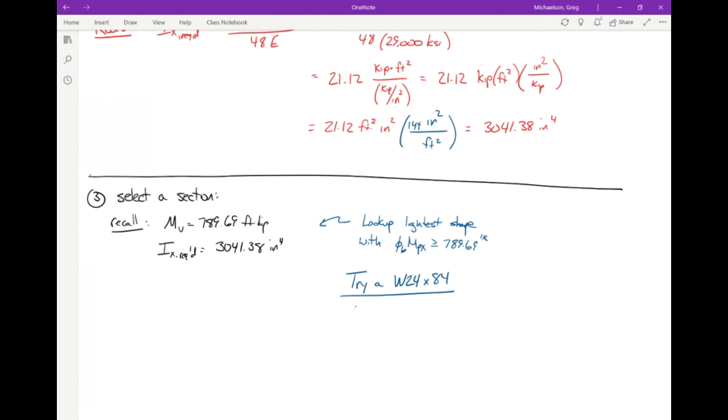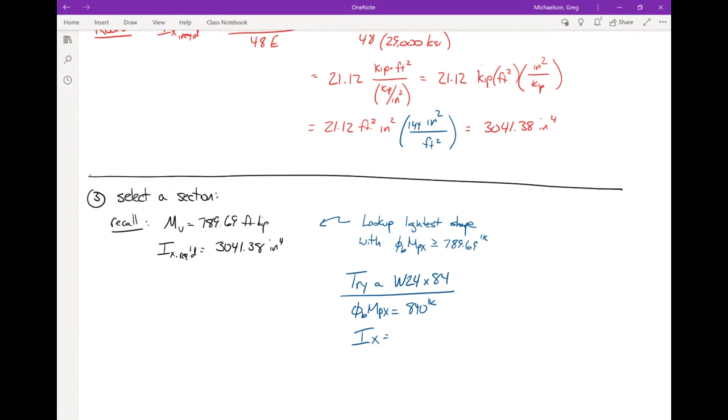All right. What is this for the W? We said that this was 840. But what is that? What's this for the W24 by 84?